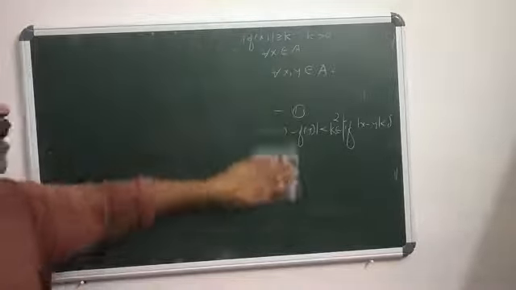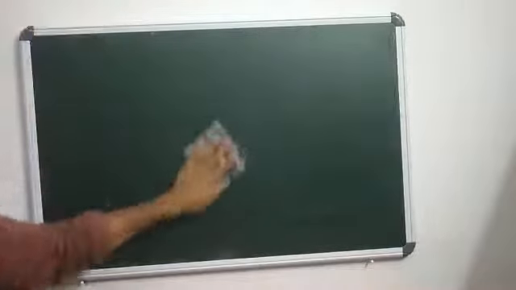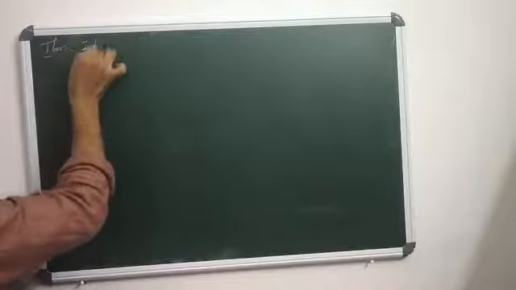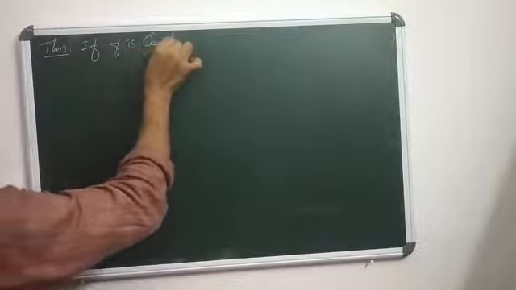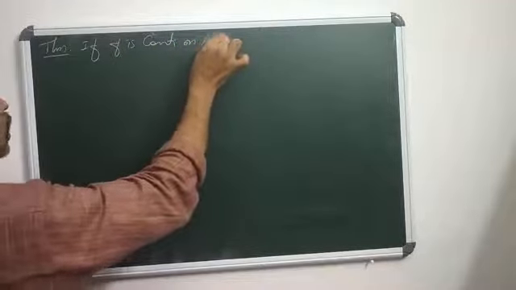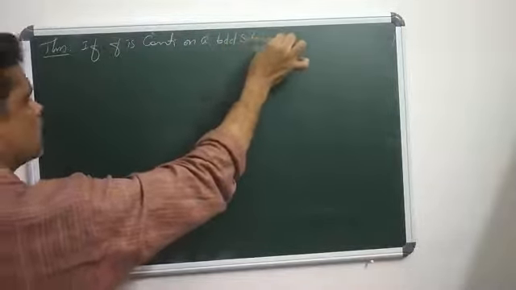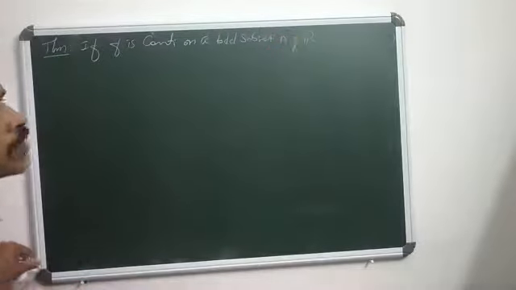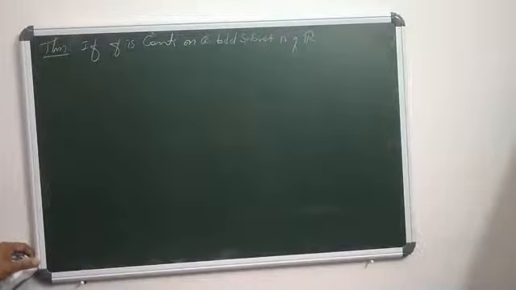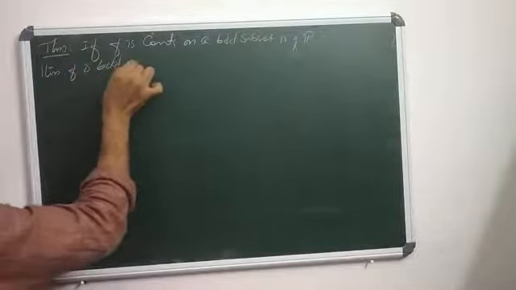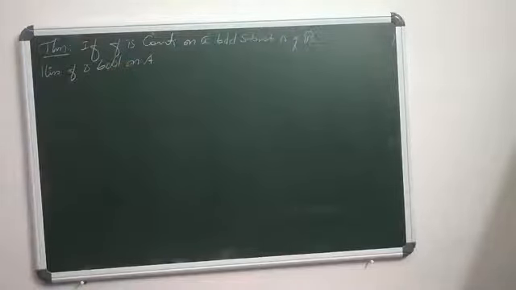So, now let us discuss an important result. The theorem says that if f is continuous on a bounded subset A of R, then f is bounded on A. So this is an important result.